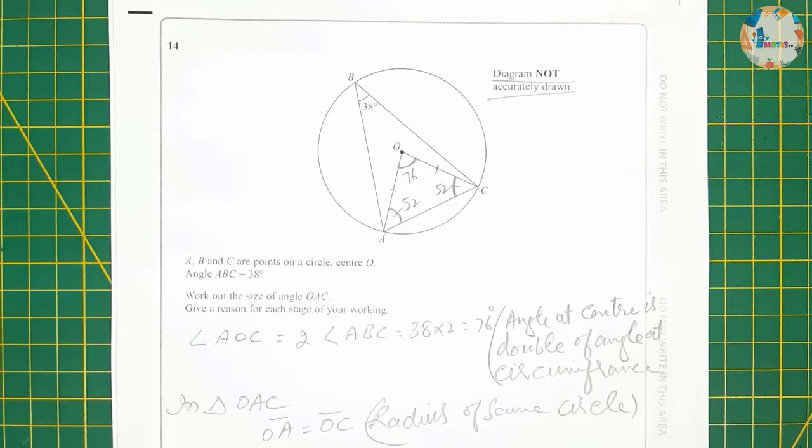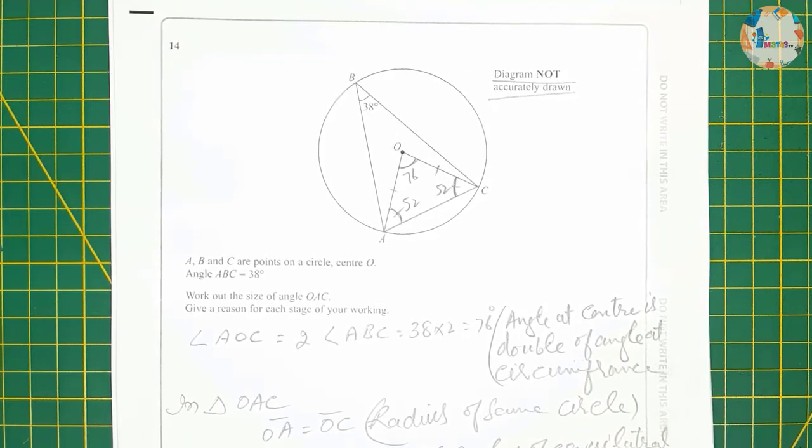So we will write angle OAC will be equal to angle OCA, and the reason for this one will be angles of equilateral triangle.